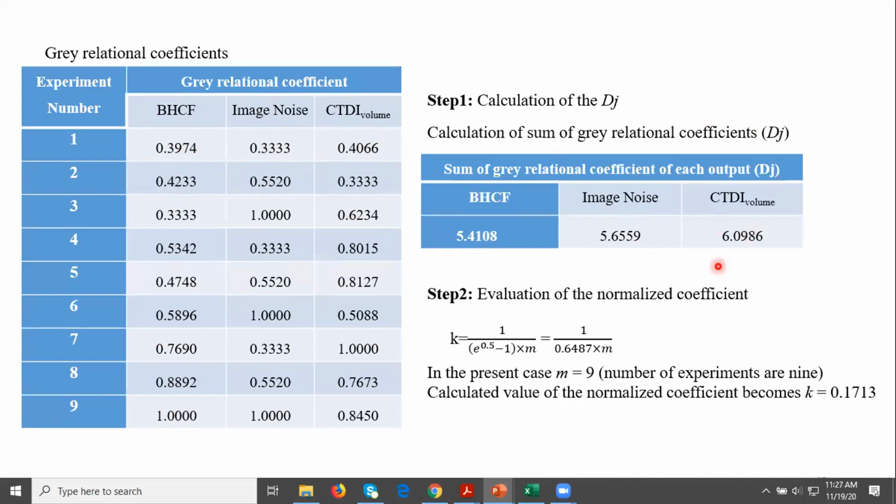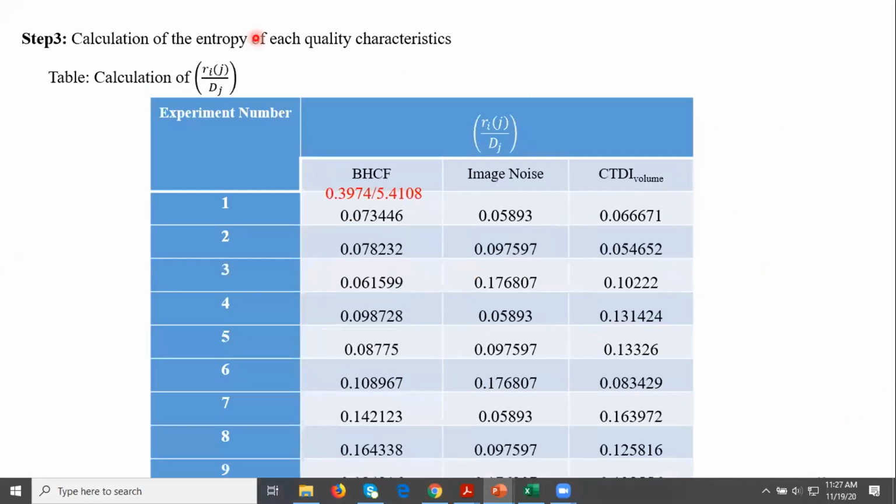Thereafter, we go for the evaluation of the normalized coefficient. K is equal to 1 by e power of 0.1 minus 1 into m. M is the number of experiments. Here I'm taking 9 experiments, so that's why I'm taking the 9. So the K value I calculated as 0.1713. This K value I'm taking to calculate the entropy of each response.